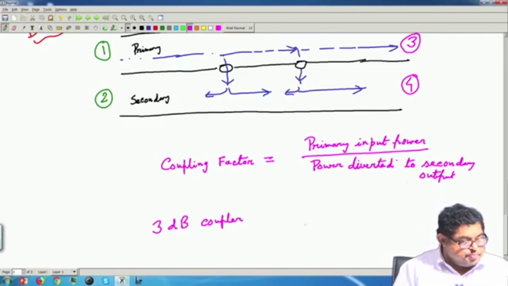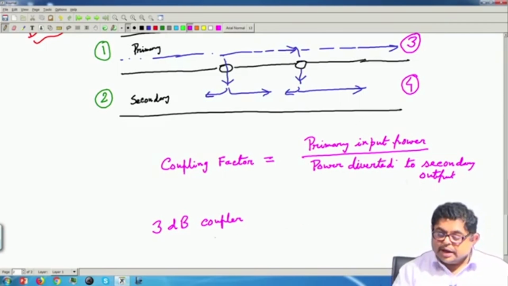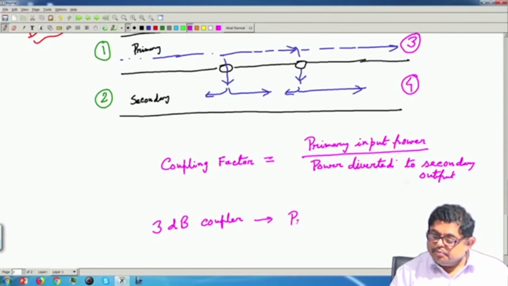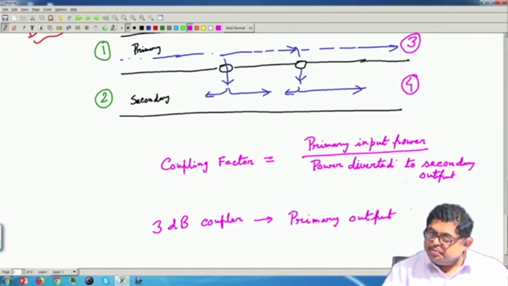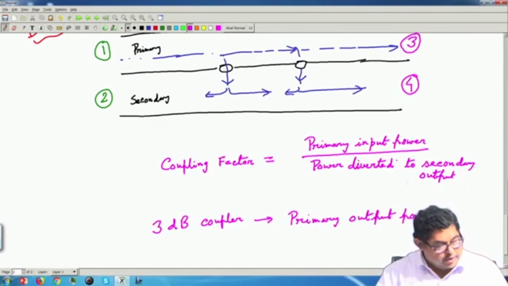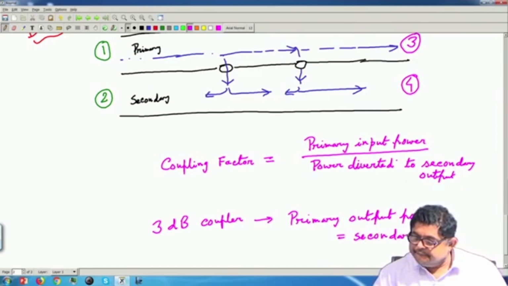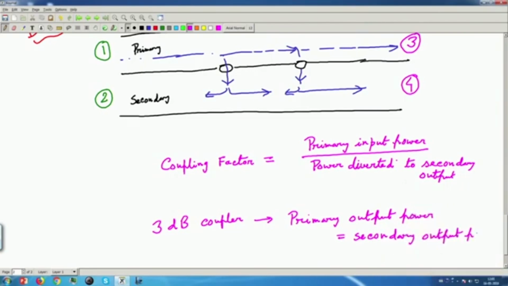So, 3 dB coupler means the coupling factor is 2. So, it shows that primary output power is equal to secondary output power.